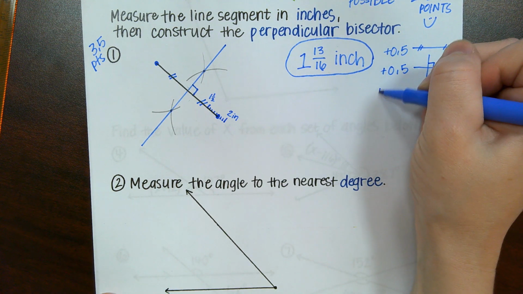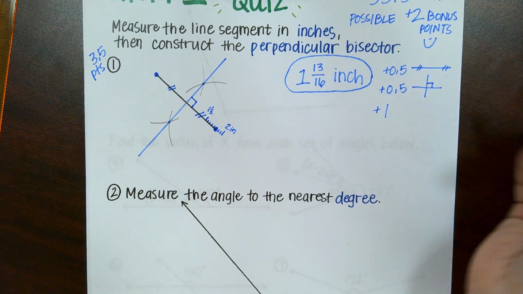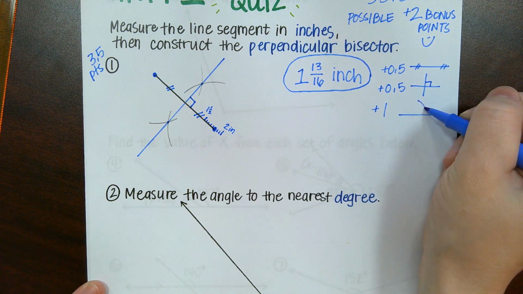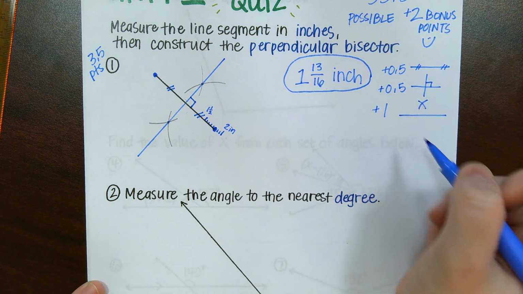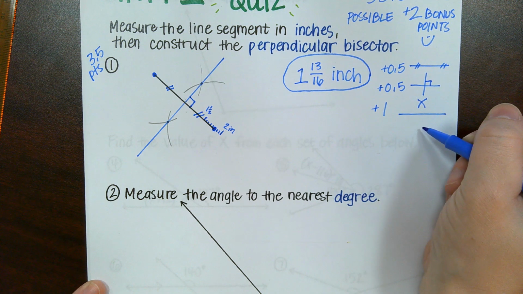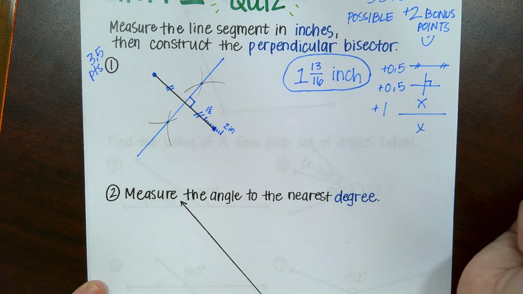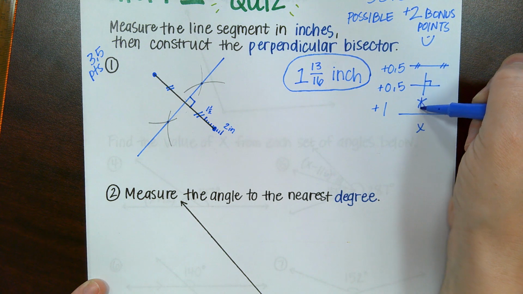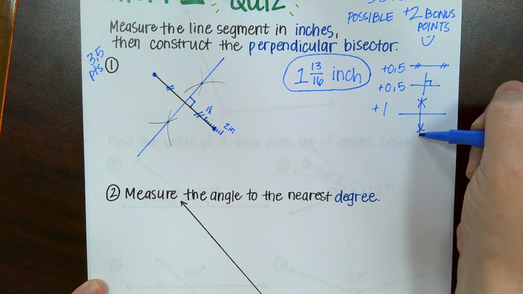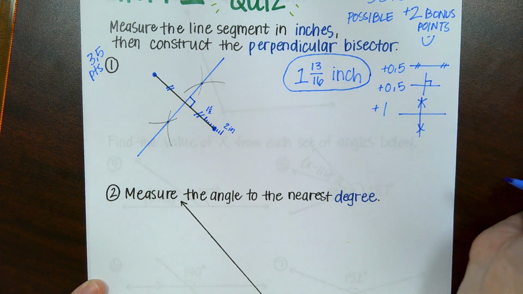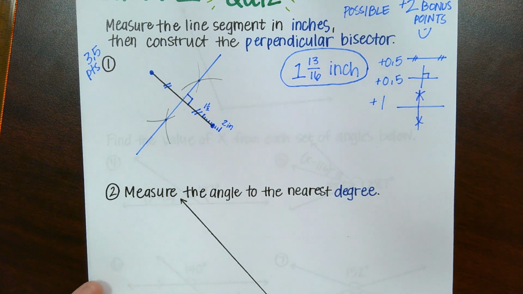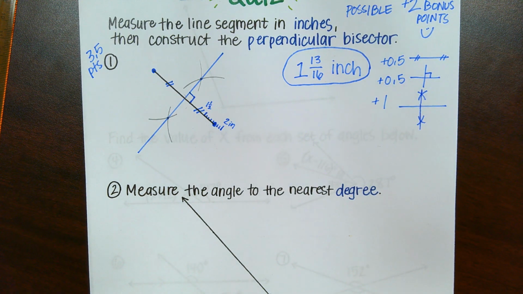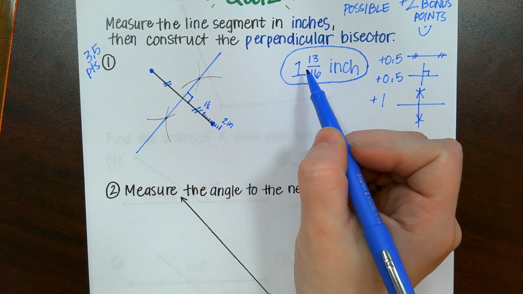And you will get 1 whole point for having your arcs drawn properly, meaning that I see there's an intersection on top of the line and on the bottom, and that your bisector goes right through those intersections. So here are 2 points. The other 1.5 come from your measurement.